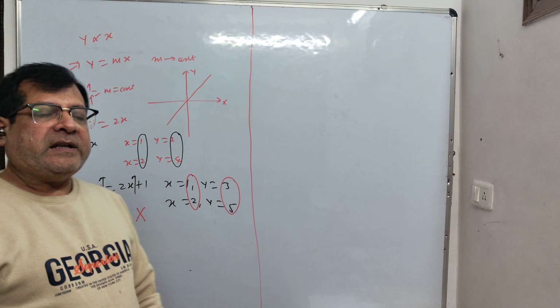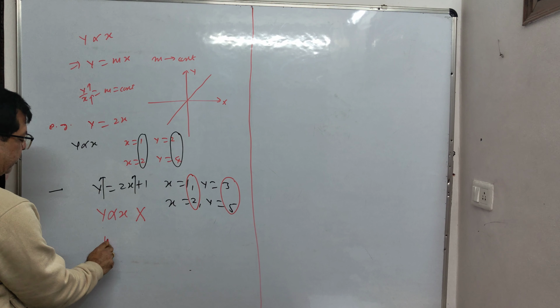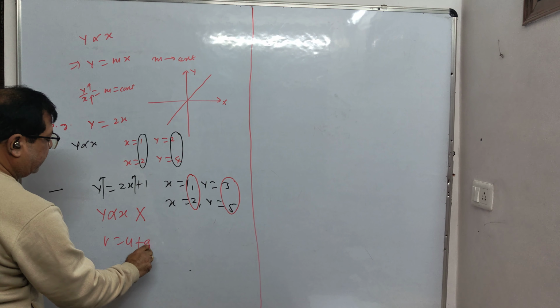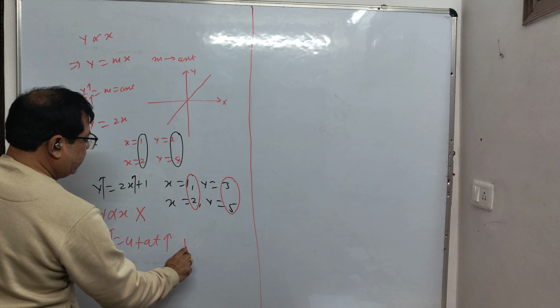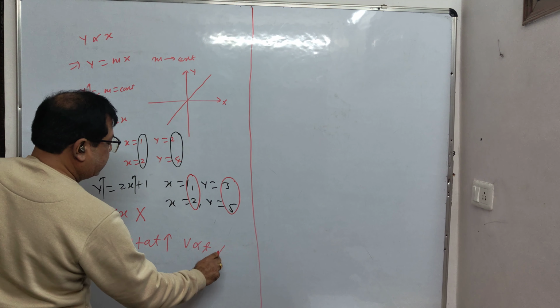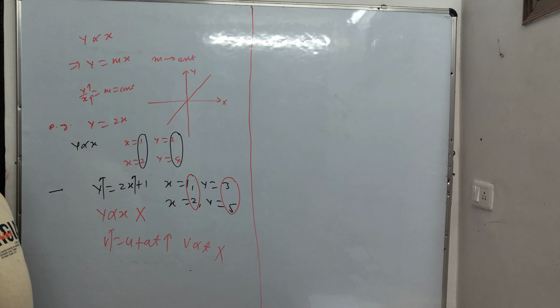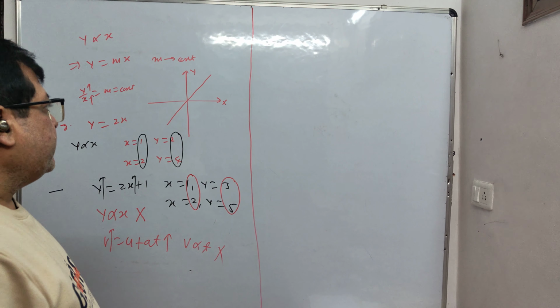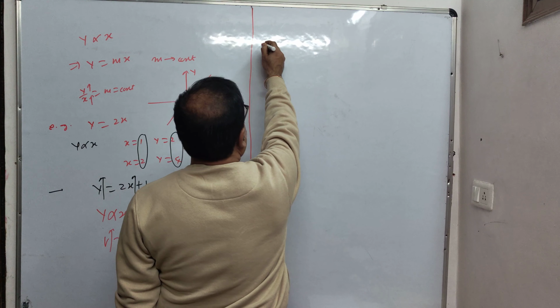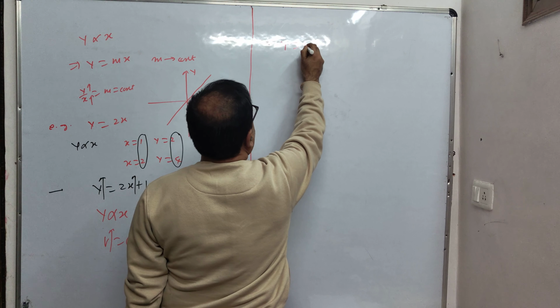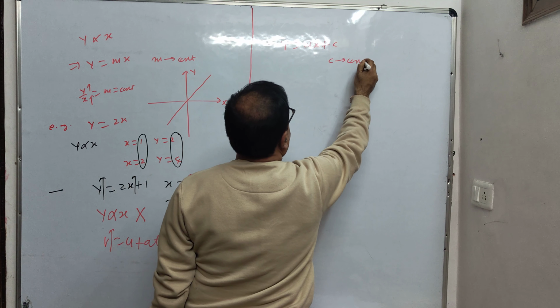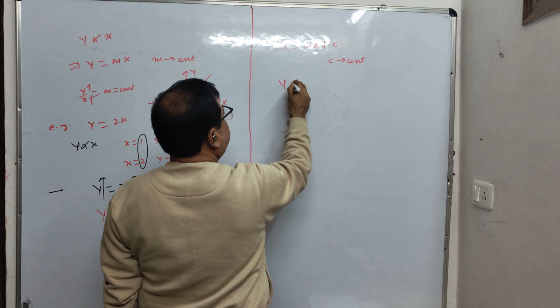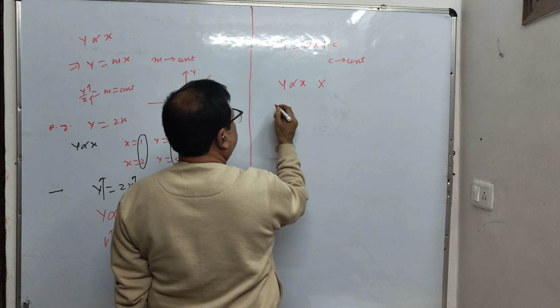For example, also v is equal to u plus at. So t will increase, v will increase. But if anybody writes that v is directly proportional to t, this is wrong. Right? So if anything is coming in the form of y is equal to mx plus c, where c is any constant, then if somebody writes directly proportional, this is wrong.